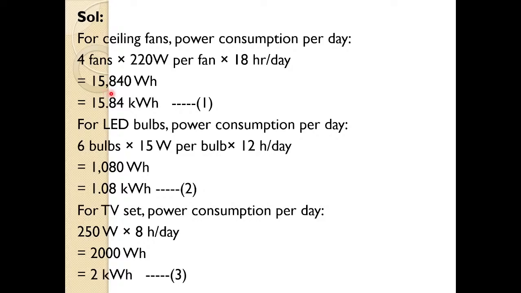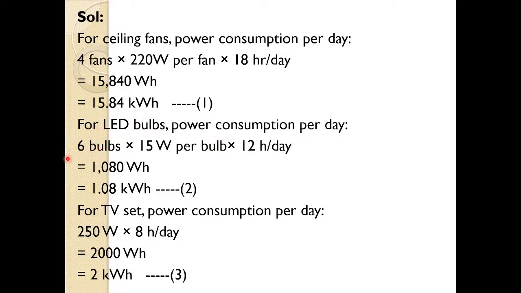If my calculation is wrong, you can mention it in the chat box. Whatever answer you get, mention it in the chat box so that I will know you are listening to the class. It is around 15,840 watt hour. Convert that into kilo, you will get 15.84. Similarly, consider LED bulbs.